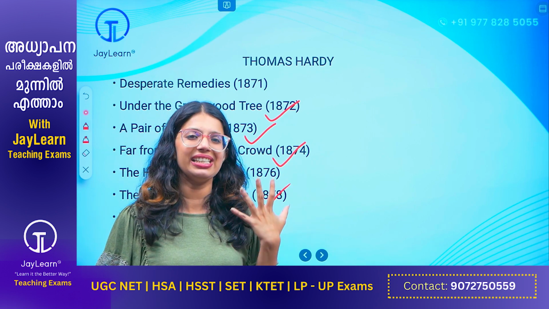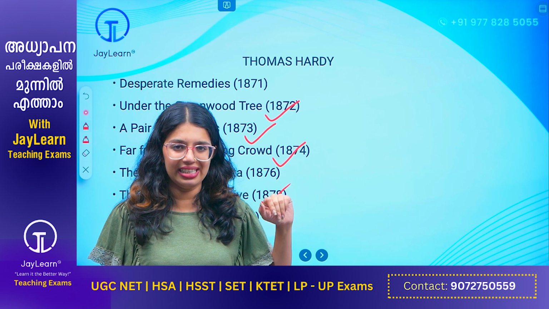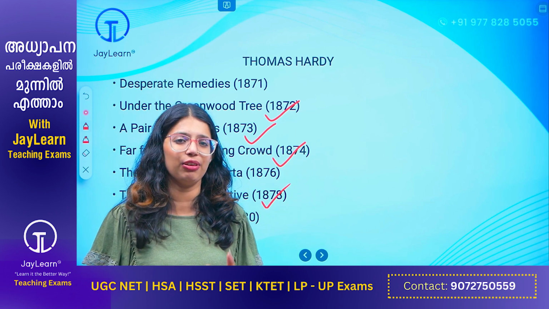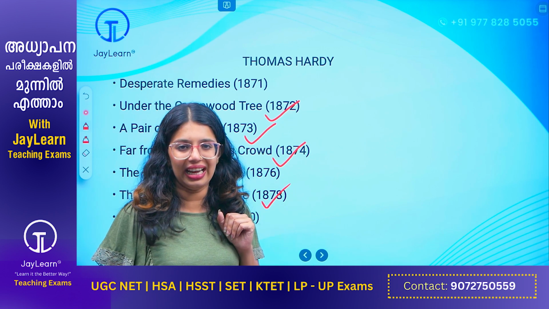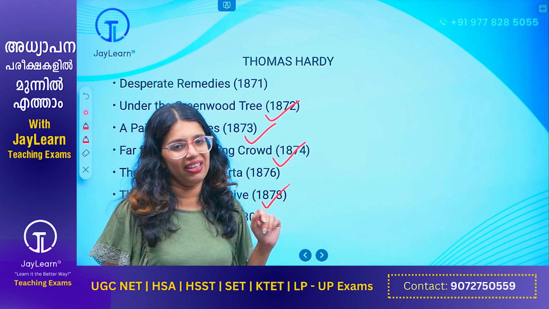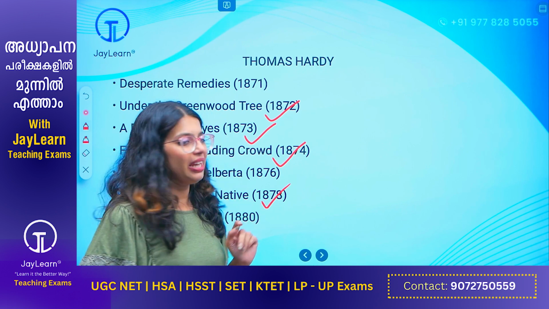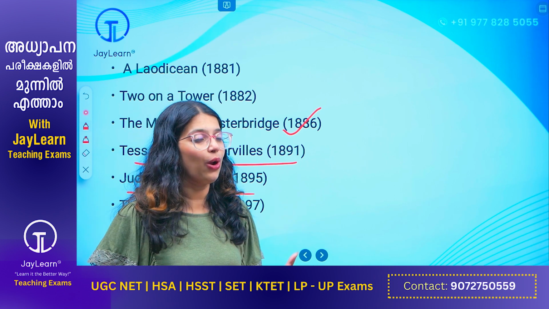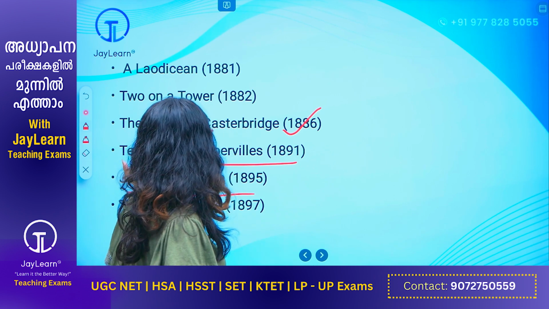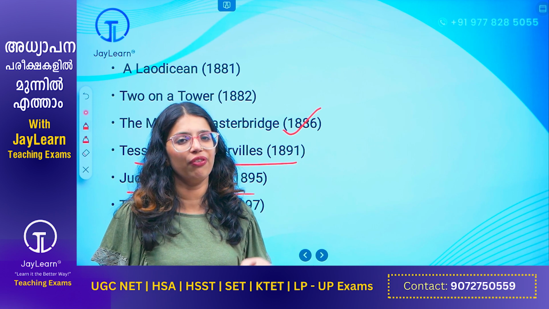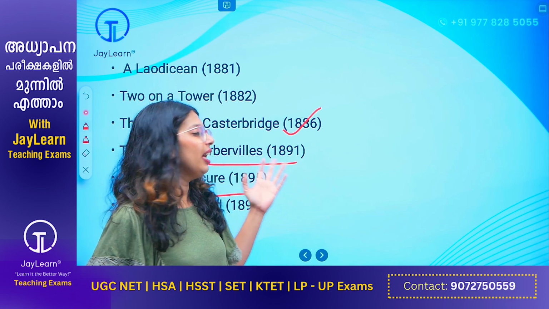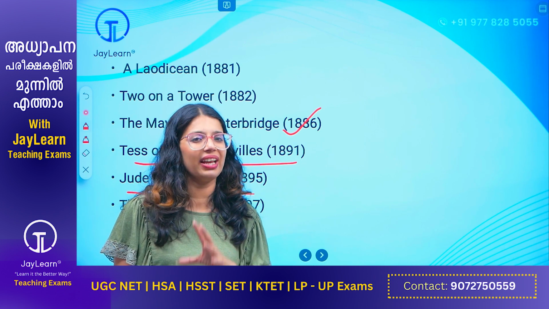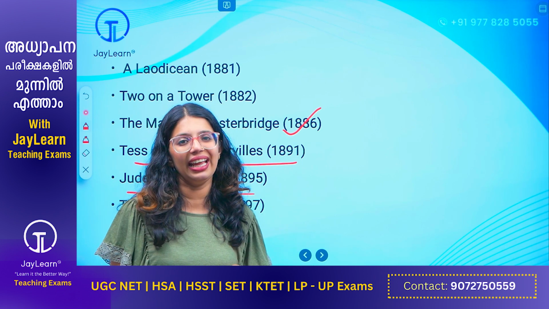Desperate Remedies 1871, then Under the Greenwood Tree 1872, then A Pair of Blue Eyes 1873, Far from the Madding Crowd 1874, then The Hand of Ethelberta 1876, then The Return of the Native 1878, The Trumpet Major 1880, then we have A Laodicean 1881, Two on a Tower 1882, The Mayor of Casterbridge 1886, then Tess of the D'Urbervilles, the year is also very important, 1891, then Jude the Obscure 1895, and The Well-Beloved 1897.